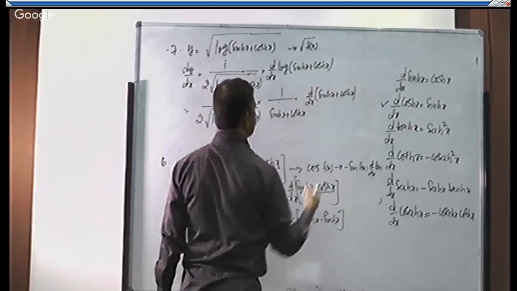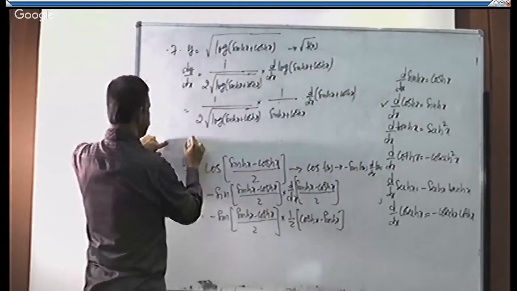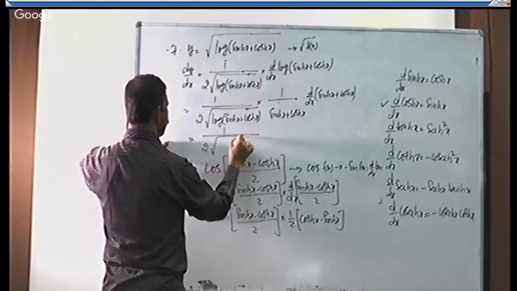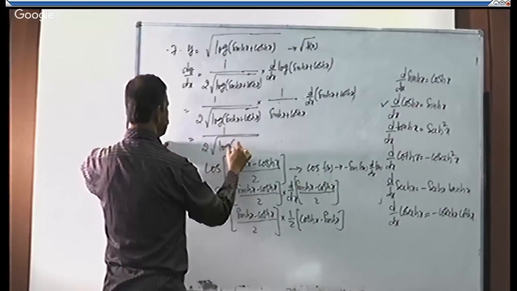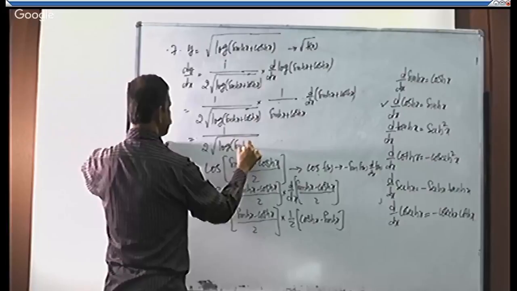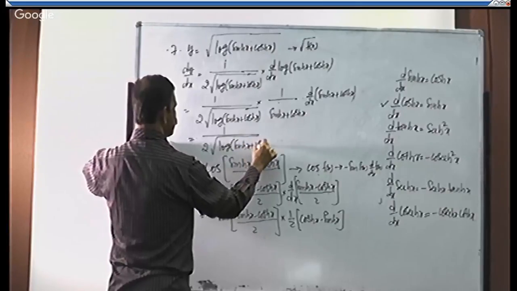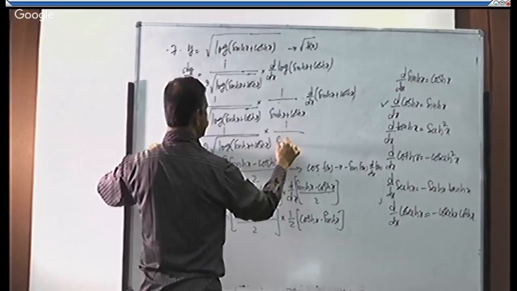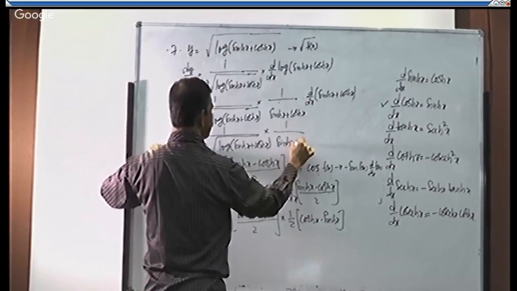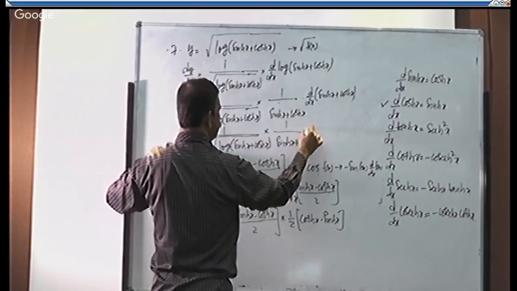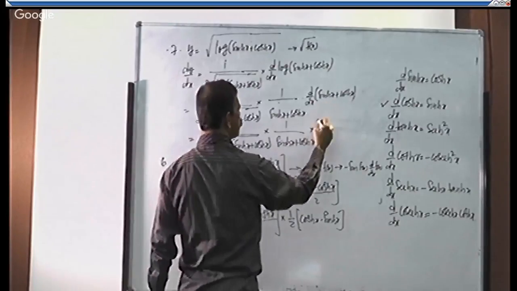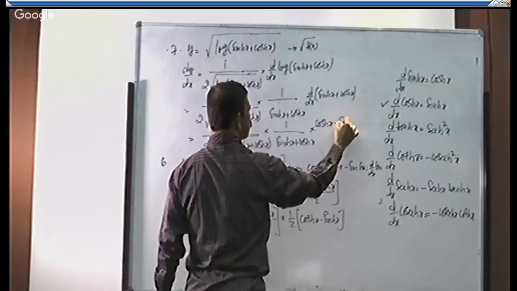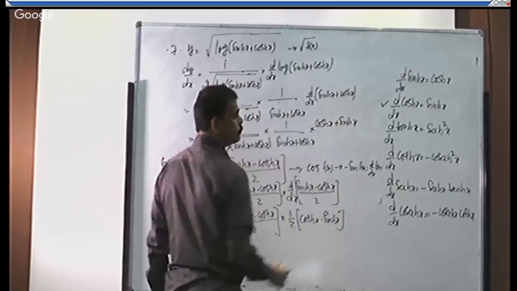Right? This is equal to 1 divided by 2 root of log of (sin hx plus cos hx) into, this will remain as it is, 1 by (sin hx plus cos hx) into, what is differentiation of sin hx? It is cos hx plus differentiation of cos hx is sin hx.